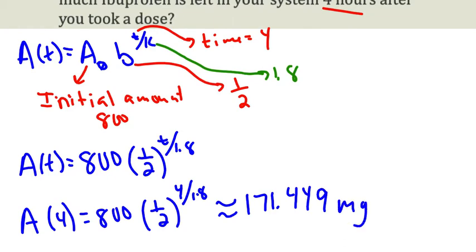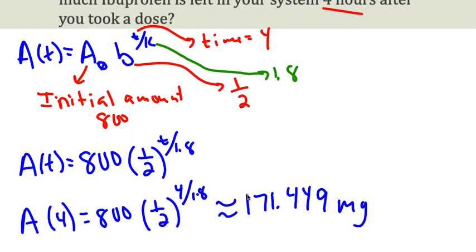So technically, if you take 800 milligrams every 4 hours, at the end of the 4 hours, you still have about 171.5 milligrams, which is basically like one pill, because each pill of a normal Advil is about 200 milligrams. You have about that much left.